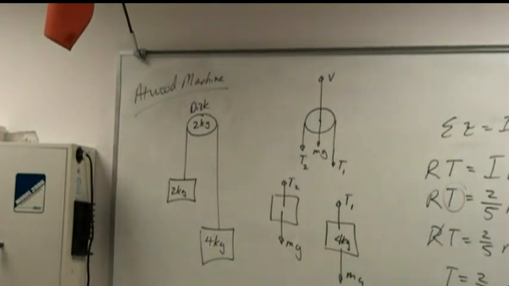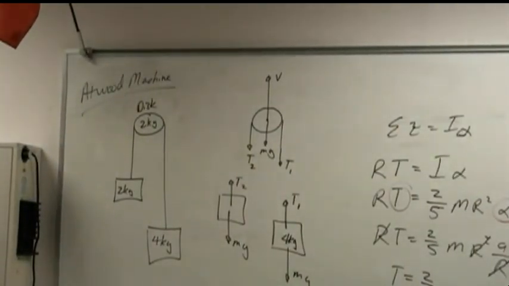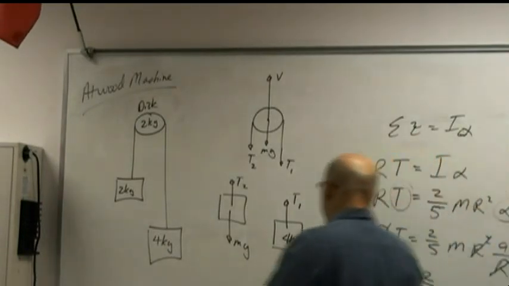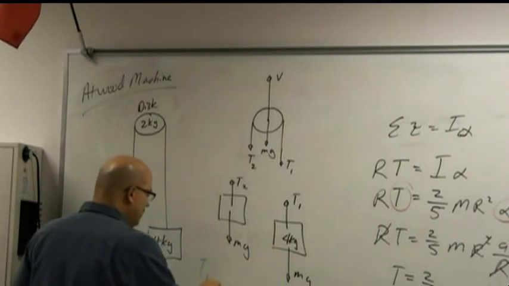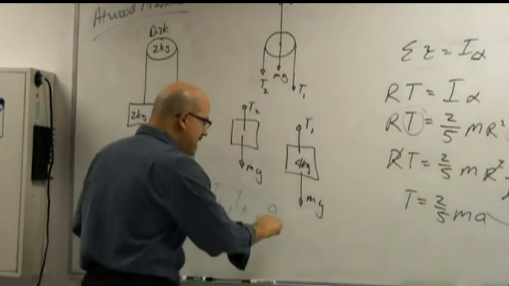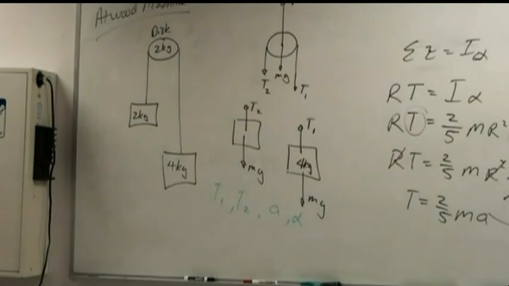Assignment number 2: I want you to find the tensions and the acceleration. So find T1, T2, and acceleration. And just because I'm mean, angular acceleration. That's not even going to be any more work.